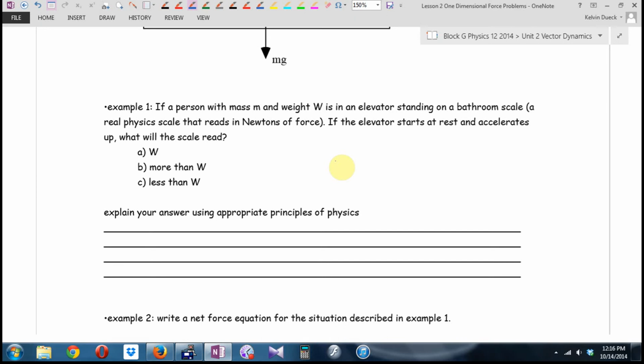Once again, we're going to vote. Once again, how high you hold your hand up is how sure you are of the answer. So if you're standing on a scale in an elevator and the elevator starts to accelerate up, will the scale read W, more than W or less than W? Who says A, the scale will just read W the same as it... No one. Who says B, more than W?